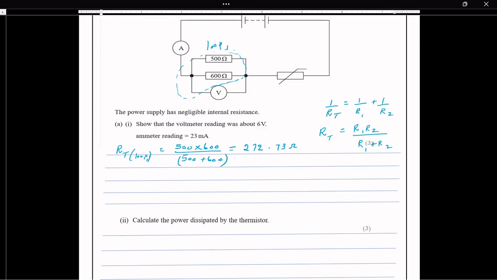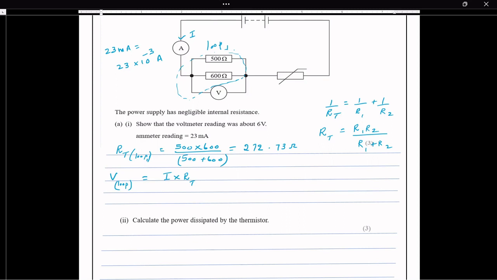Therefore we can calculate the voltage drop across this loop. Voltage is the product of current and the total resistance. The current is already given as 23 milliamps. The prefix milli has a value of 10 to the power of negative 3, so 23 milliamps is 23 times 10 to the power of negative 3 amps.